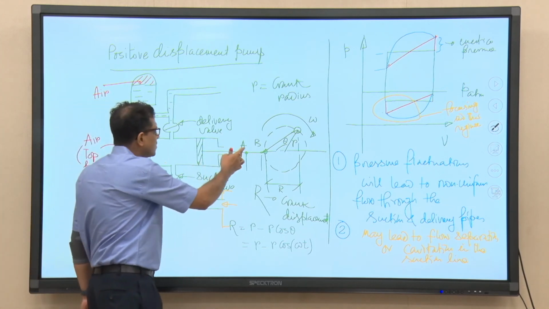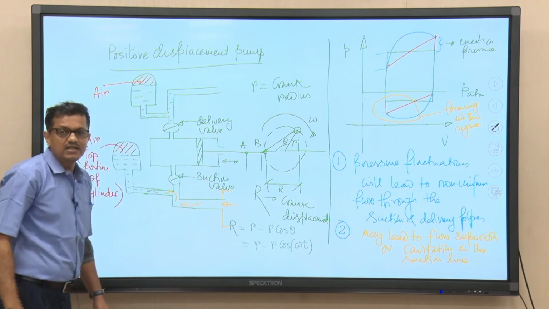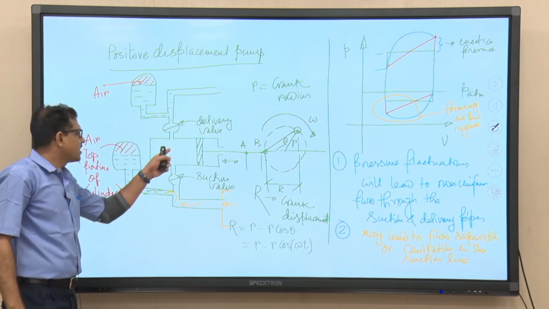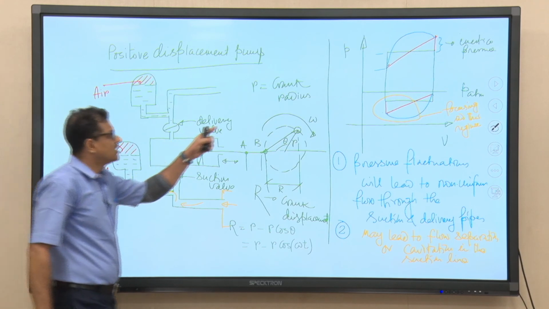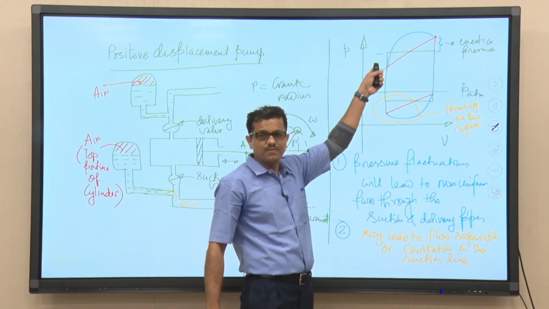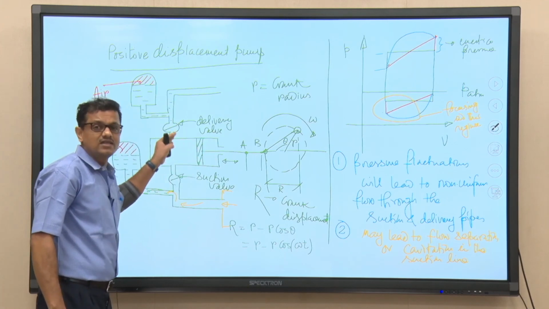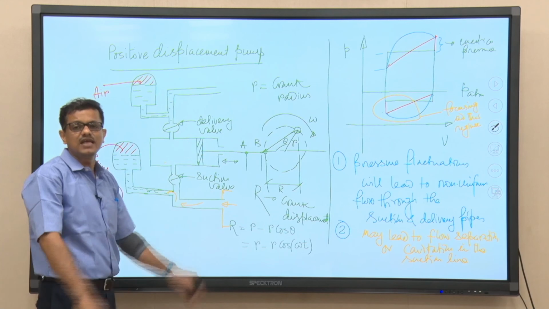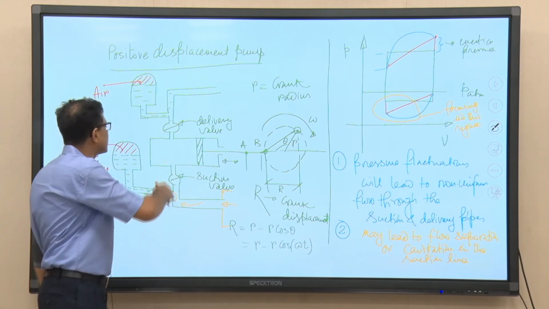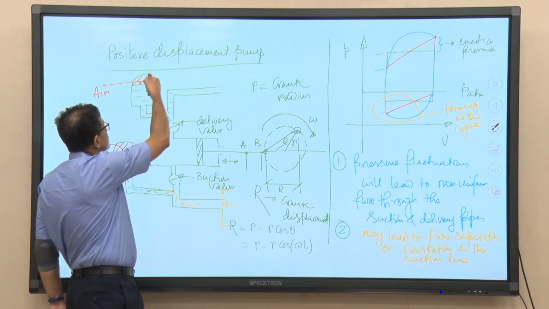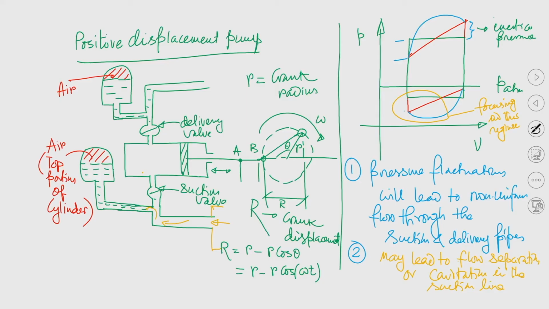Now, when the piston is reaching location A, that is at the end of the delivery stroke, the pressure inside the cylinder will reduce, which you can understand from the drop in inertia pressure. The reduction in pressure will also lead to a reduction in the flow rate, and the flow rate will be even lesser than the average flow rate. What will happen that time? The energy stored within this air volume will push the liquid to flow in this direction, so that the flow rate will be maintained.